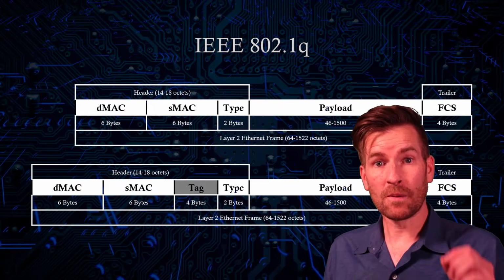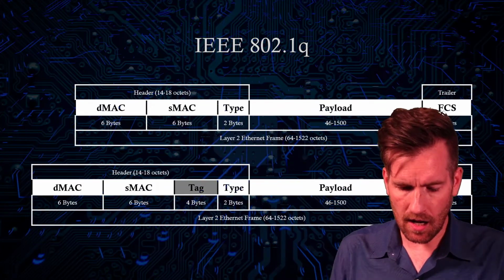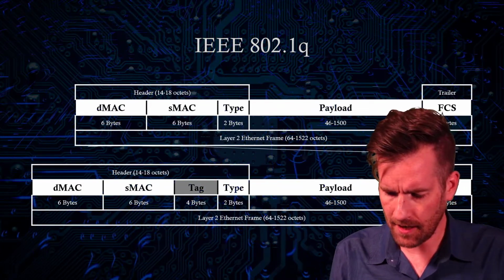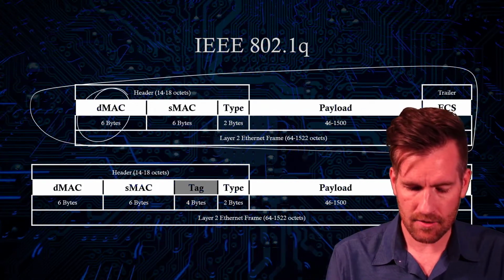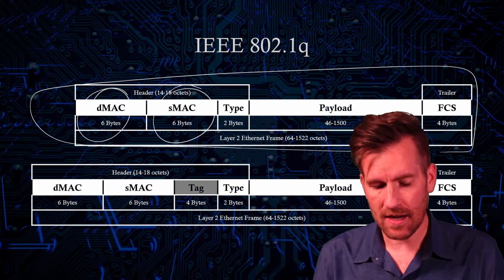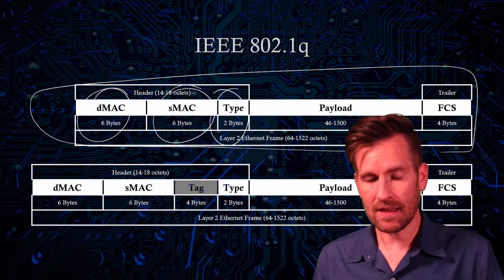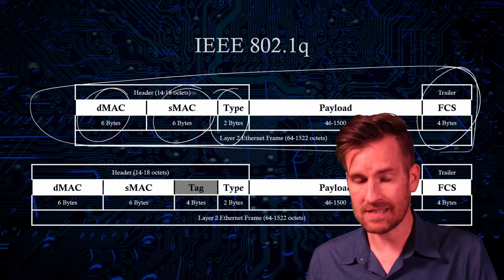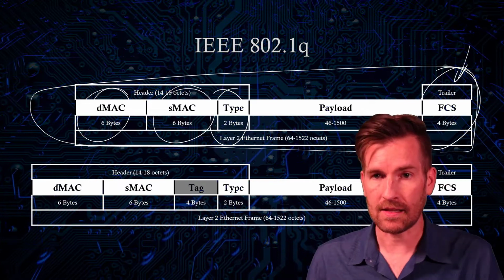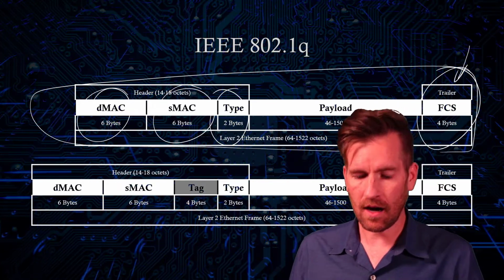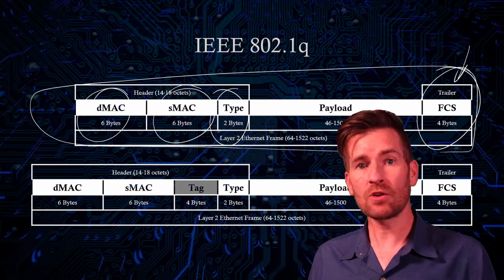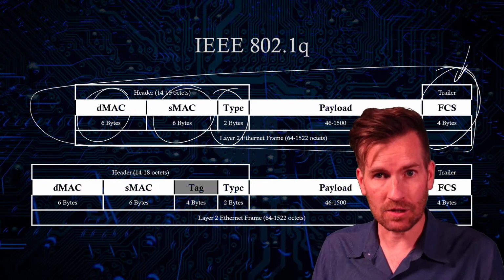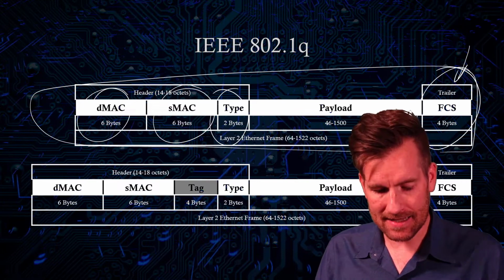So from a frame perspective, if you recall, this is our Ethernet frame right here. Our Ethernet frame has a destination MAC address, a source MAC address. It has a type in there and a trailer, a frame check sequence right there at the end. Well, what an 802.1Q frame looks like is we just slip in that tag in between.